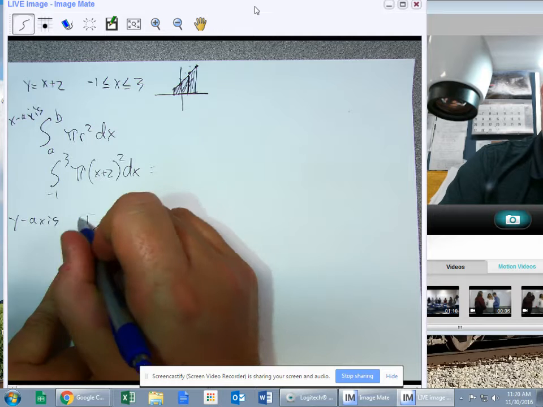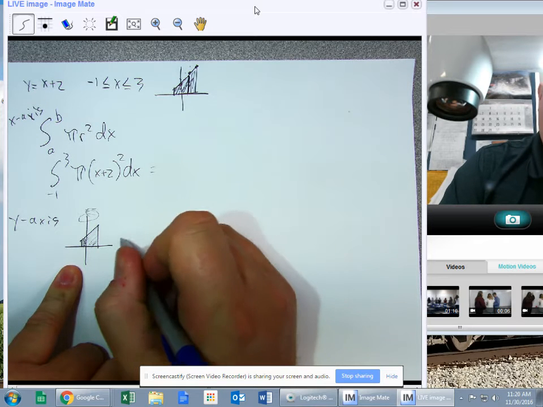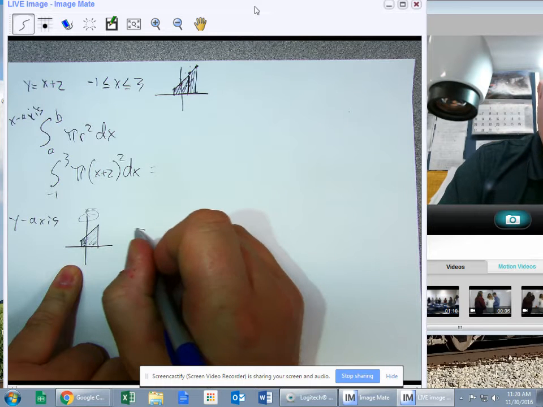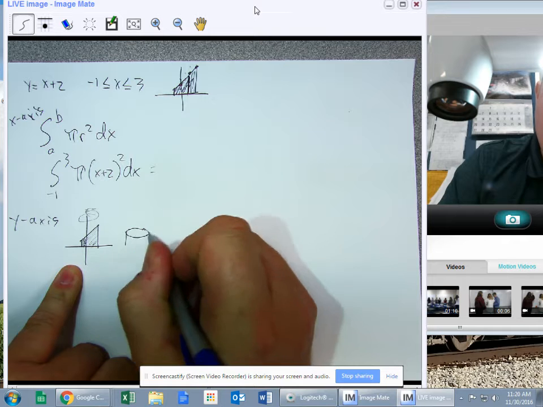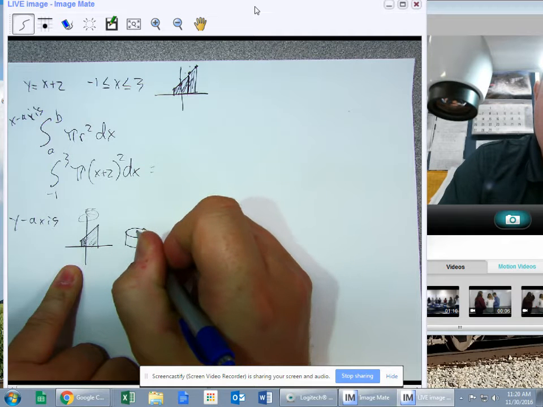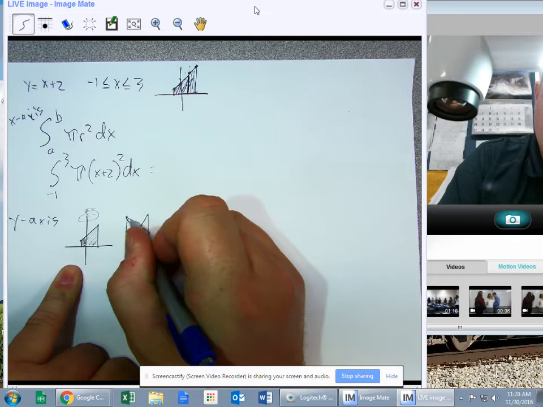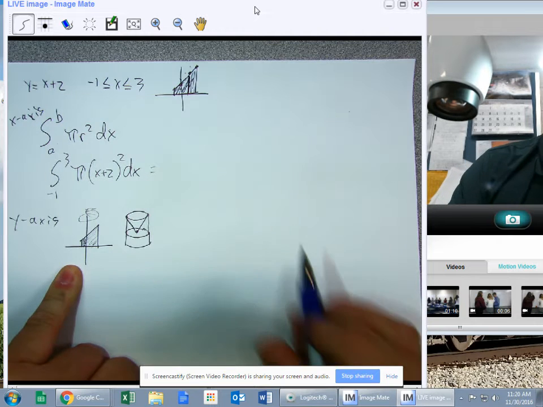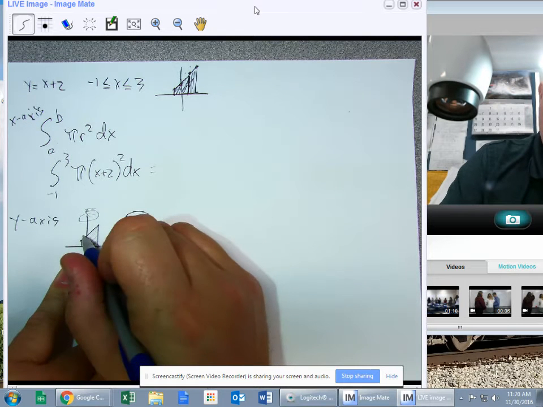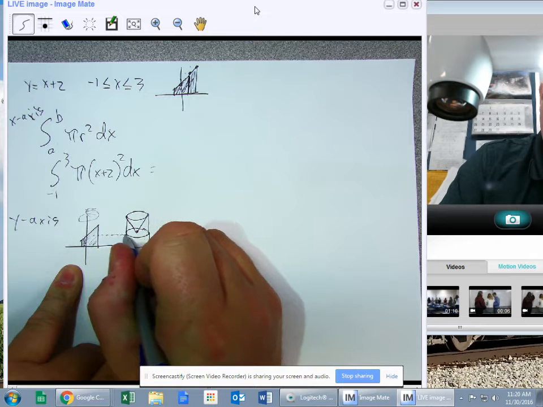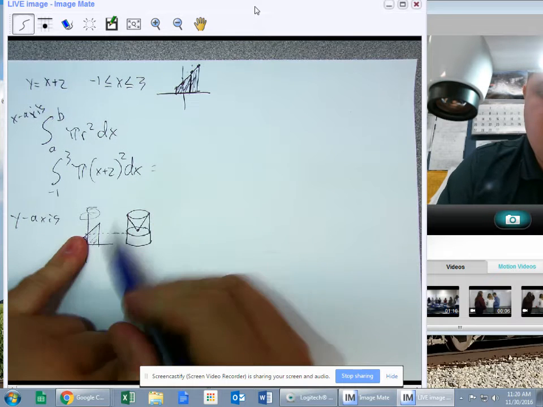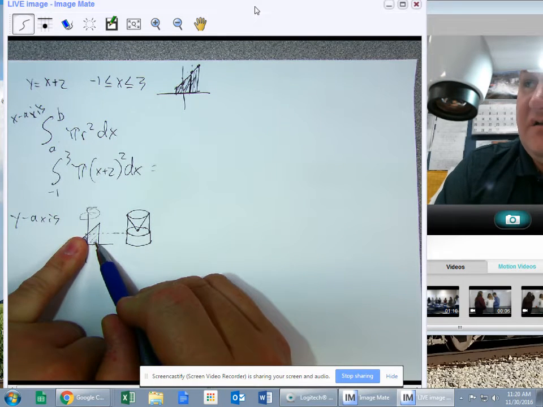So if I'm going around the y-axis, the only thing that it would create is a cylinder on the bottom and this open container on the top. So what I need to do is I need to split it right here, because this portion will be a cylinder.